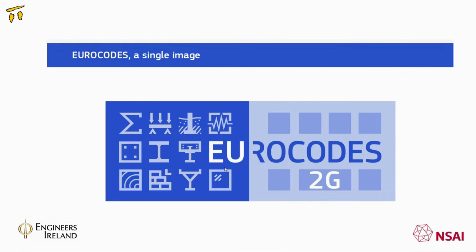And glass is a new Eurocode which hadn't been in the previous series at all. So we've got a series of Eurocodes. We've got 11 Eurocodes there at the moment, and they're divided into about 65 parts.